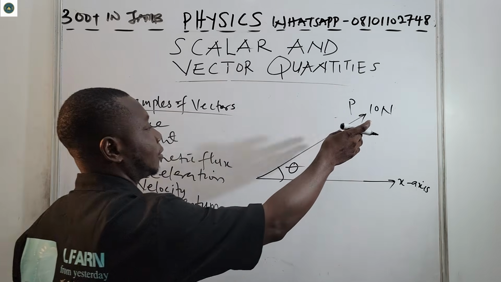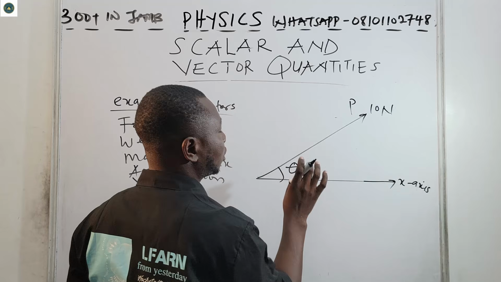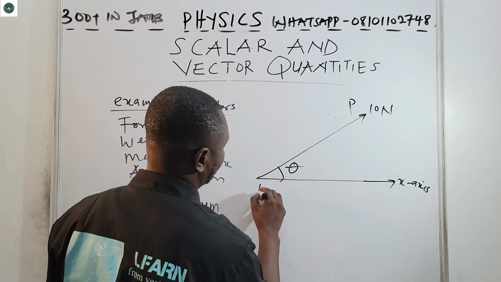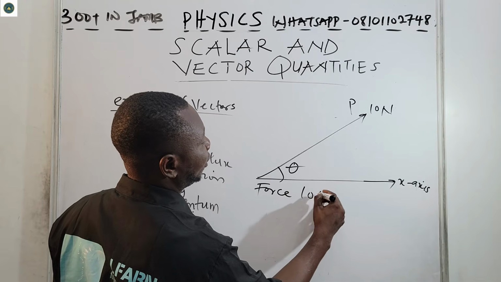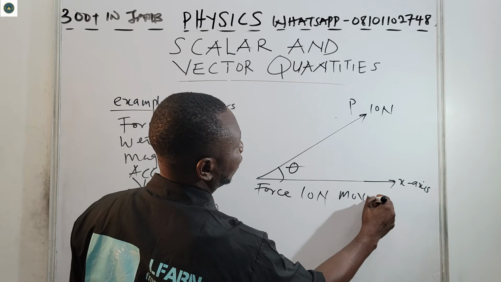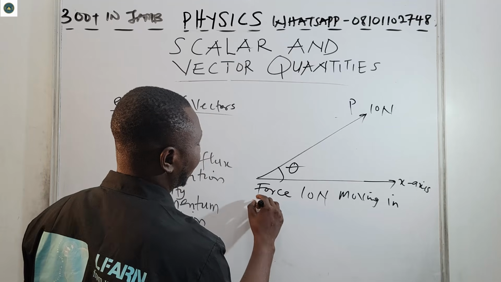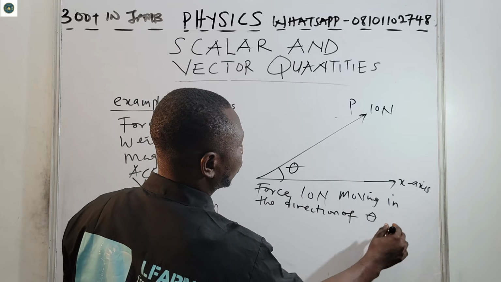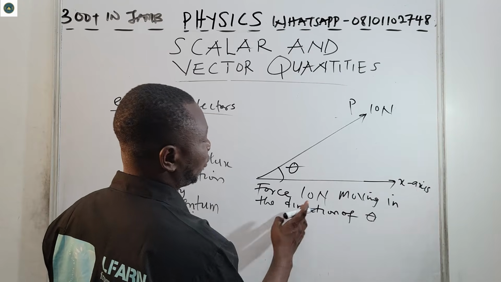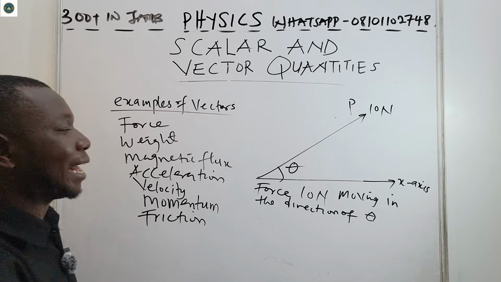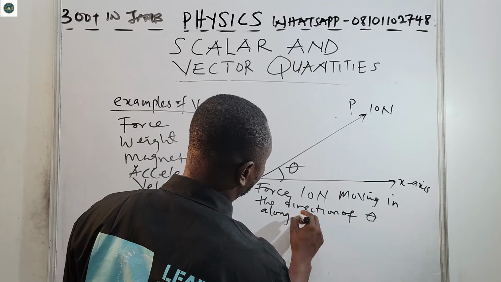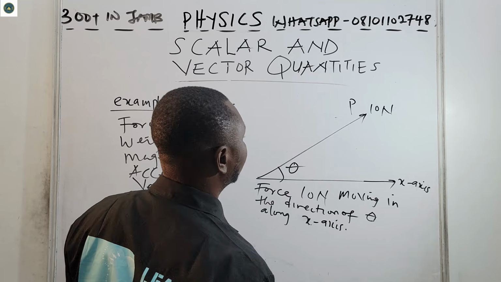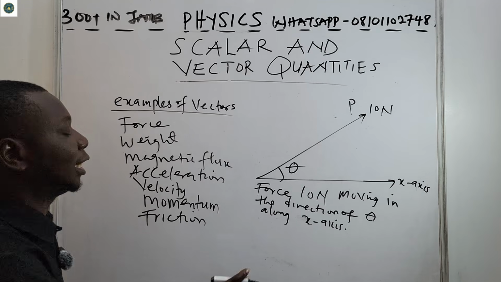So this force is a vector acting in the direction of theta. Force of 10 Newton moving in the direction of theta along the x axis. So we can see the direction.